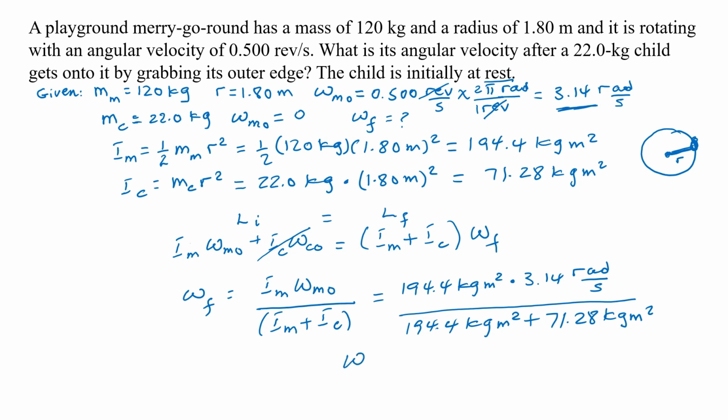So the angular velocity after the child gets on the merry-go-round equals 2.3 radian per second.